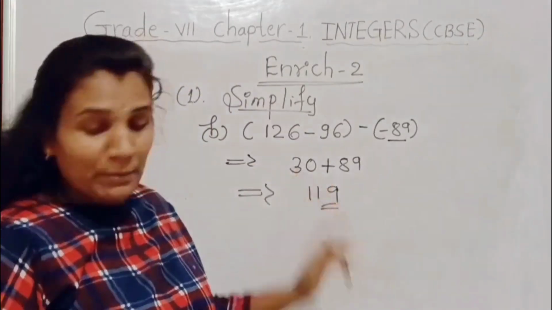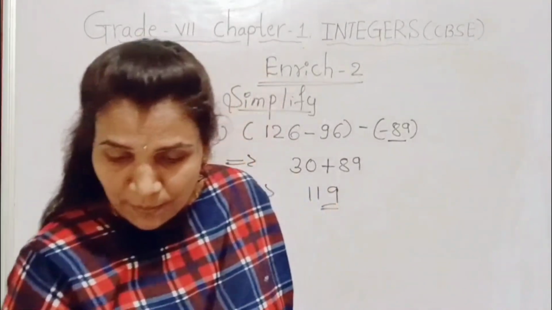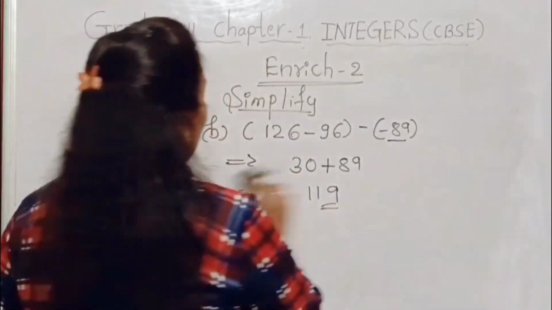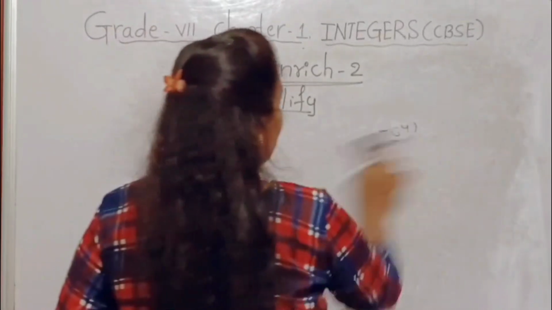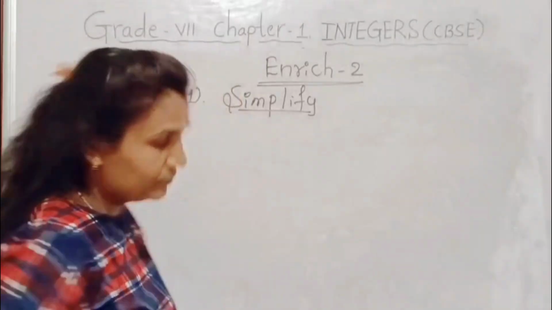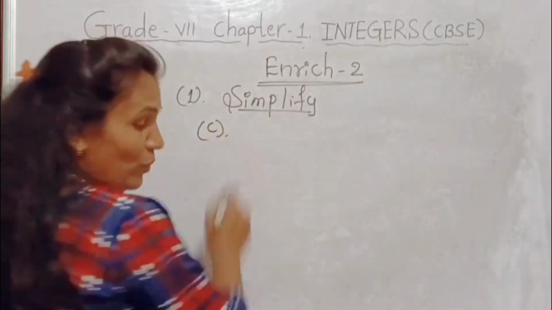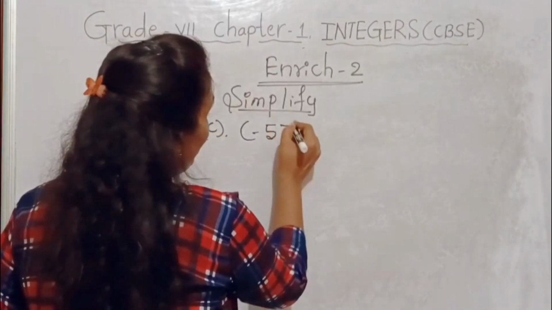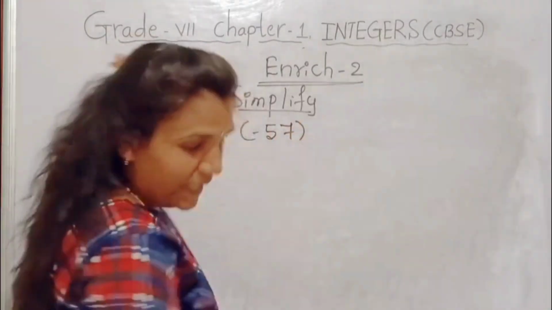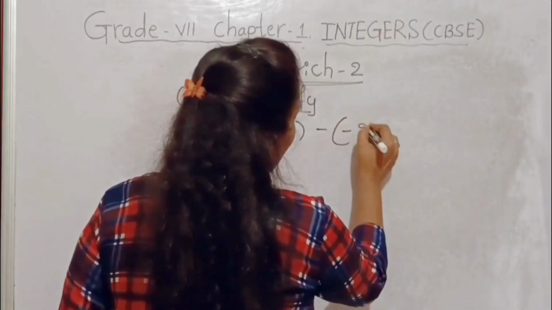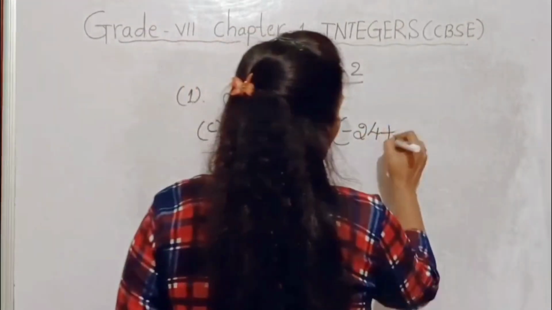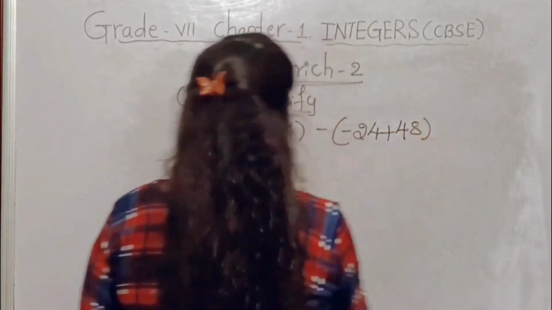Now we'll move to question number C. What is the question? Within the bracket minus 57 minus, again within the bracket, minus 24 plus 48.